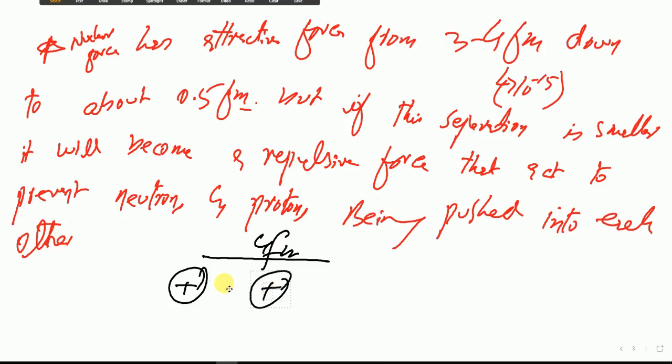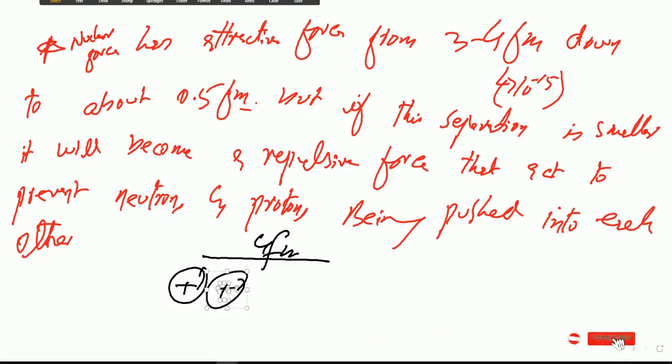No, that is the electrostatic force. Due to electrostatic force, this positive charge will repel this positive charge. But due to nuclear force, it will not repel each other. Yes, then the nuclear force will act as a repulsive force, not as an attractive one.